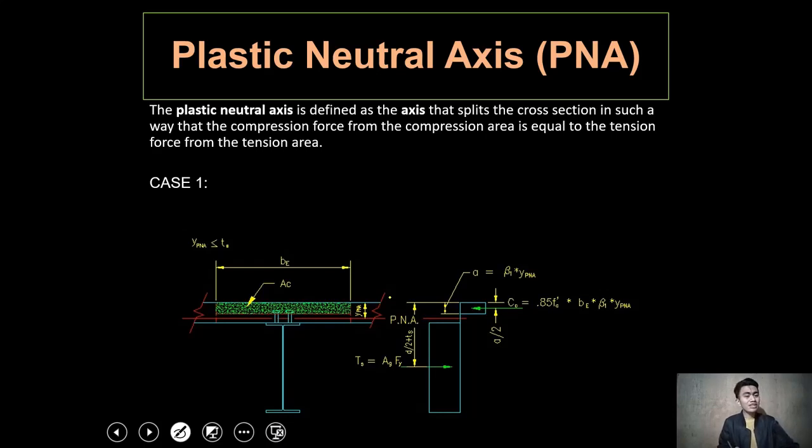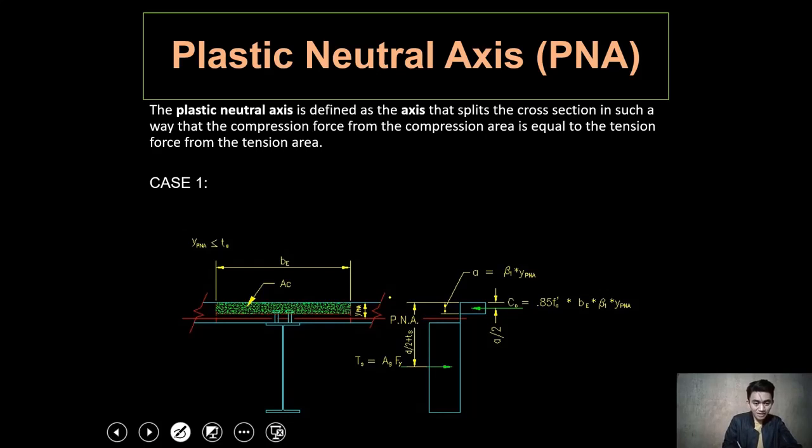So say for example, let us try and talk about case number 1 first. In case number 1, under this method, plastic stress distribution method, it states there that your PNA is located on the concrete slab. Take a look at this diagram.